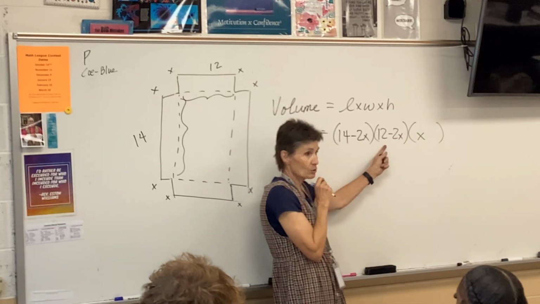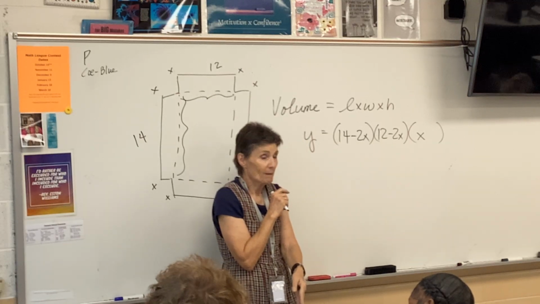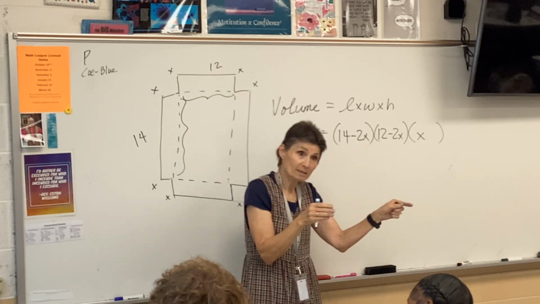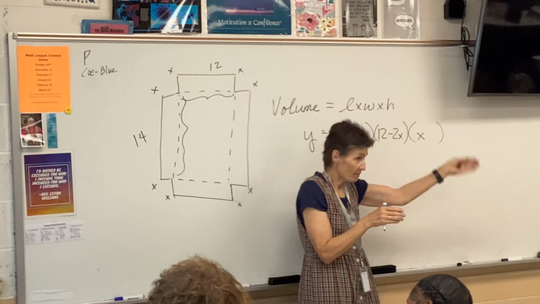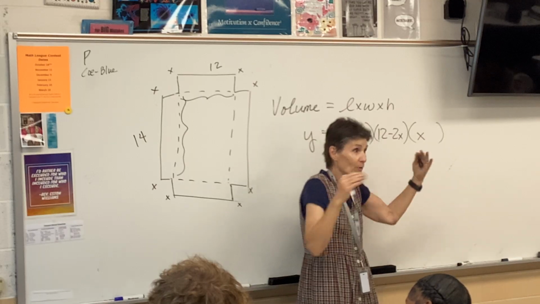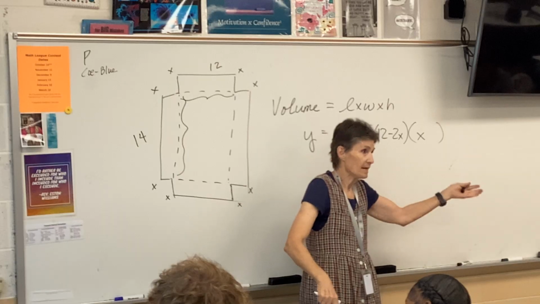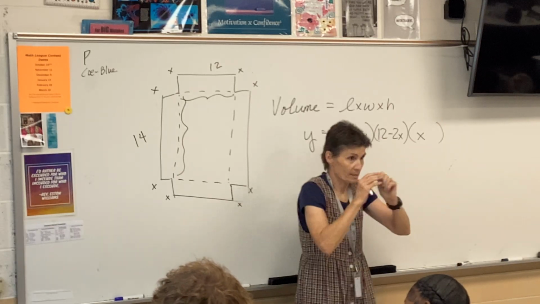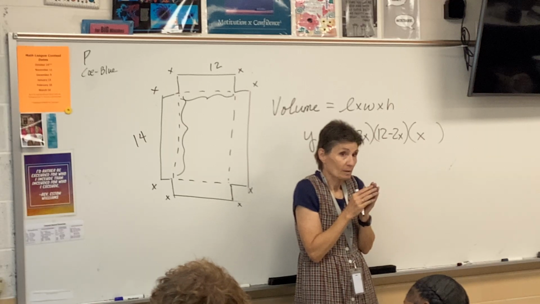It's still gonna be one of the numbers minus 2x, one of the numbers minus 2x, and then x. No matter what. This will be a final exam problem, and a test question.